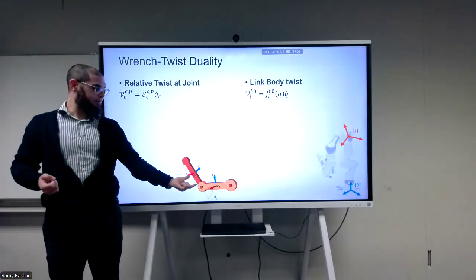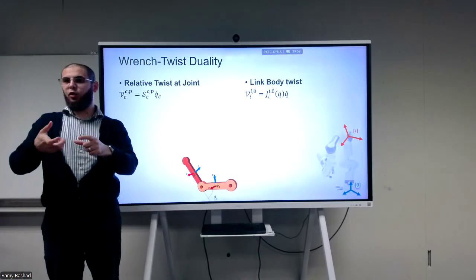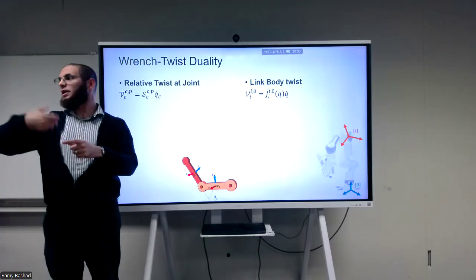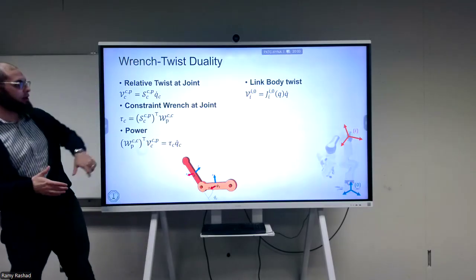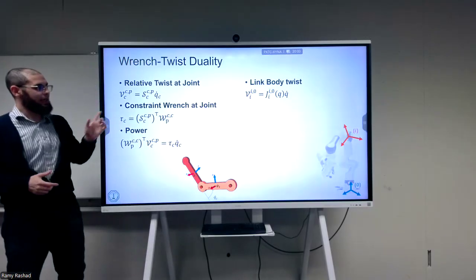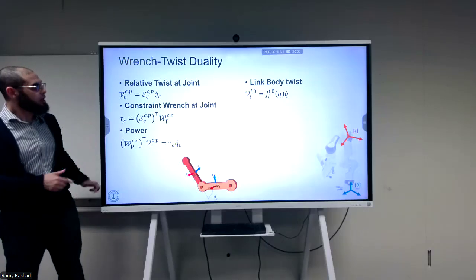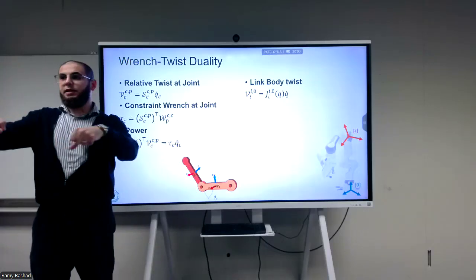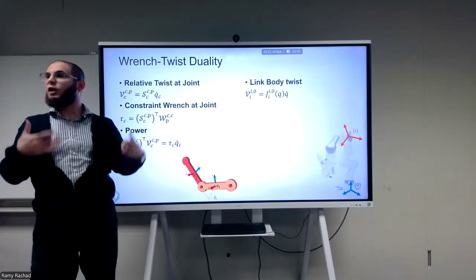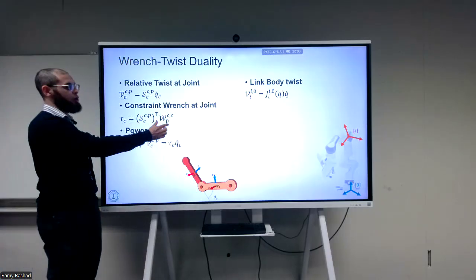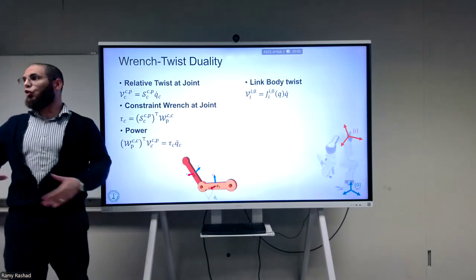Okay. If this is an active joint, which means that you're actuating it by some motor, or whatever actuator you're using, then we're going to have here a torque that's dual to the q dot. And inside of these two bodies, there is something that's preventing them from going away from each other. Usually, if you had any course on mechanics, you'll know that this is called the constraint forces or the constraint torques.